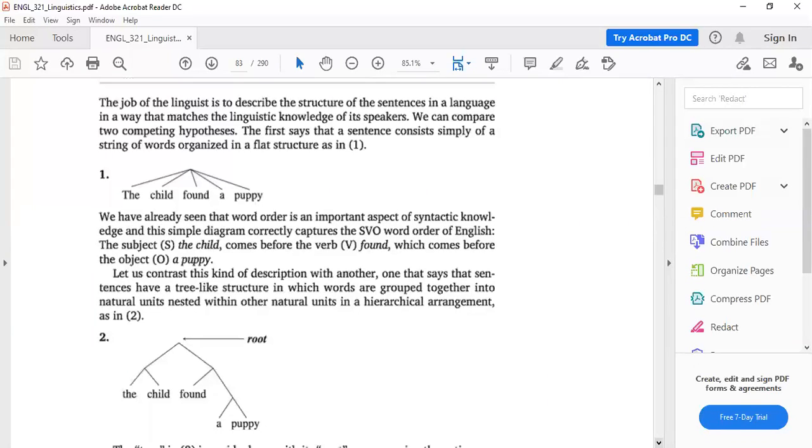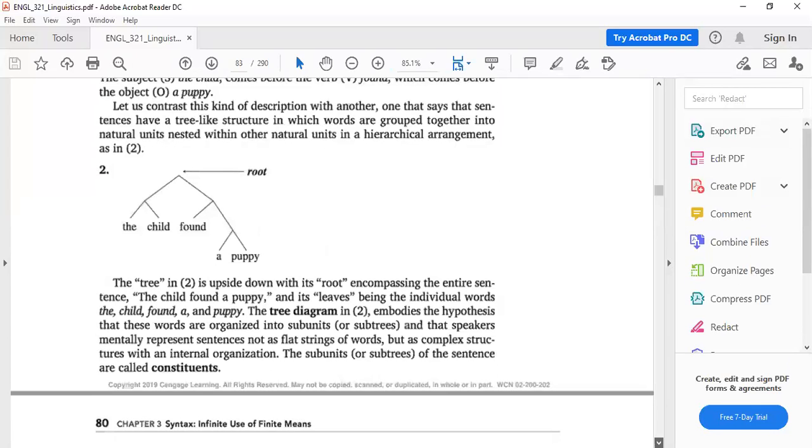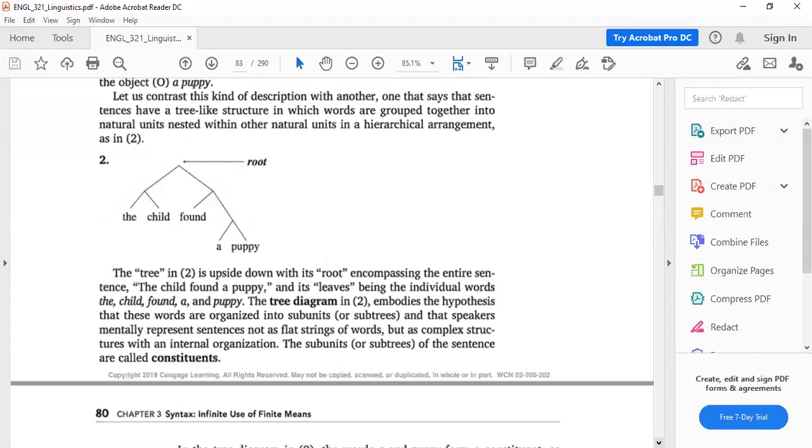Now, Chomsky and his colleagues argued that in our minds, yes, we know how to speak. When we hear something, we understand what we hear, but technically there are many things that happen inside our brains when we speak.